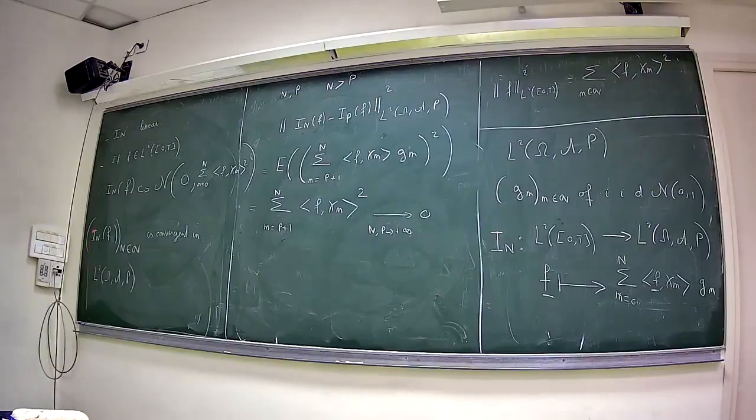So I have proved that this one goes to 0, and I have proved that my sequence is Cauchy, and so is convergent in this space that is complete.